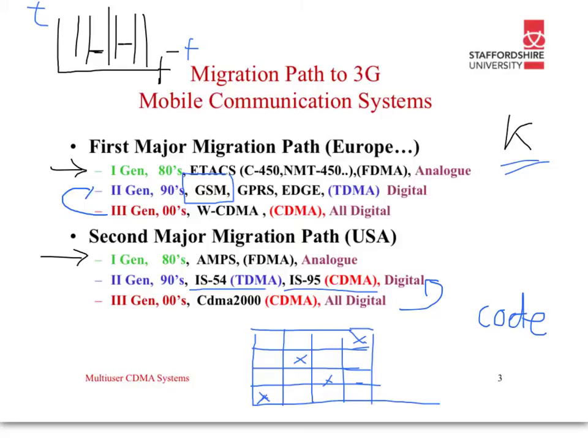They are 2.5G, and they appeared because the licensing in Europe was so expensive that GSM needed to be future-proofed, because whenever we get to a new generation, we can't throw away the previous generations, because the users will still be using second generation handsets.